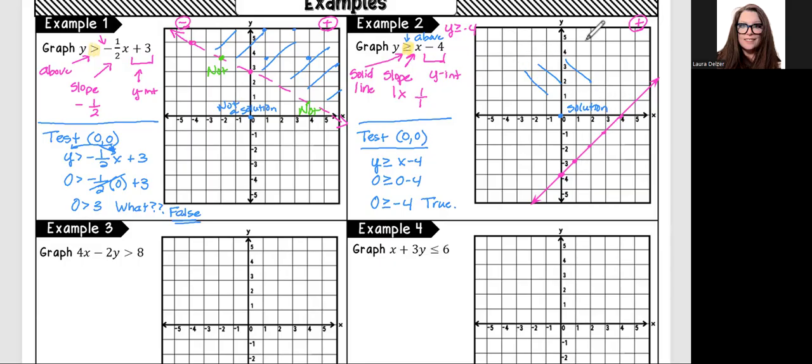So everything over here on this side, all of these points, there's like infinite number of points in this direction, is a solution. Because it's a solid line, every point on the line itself is a solution. Okay, so every one of these would make a true statement all along this line.